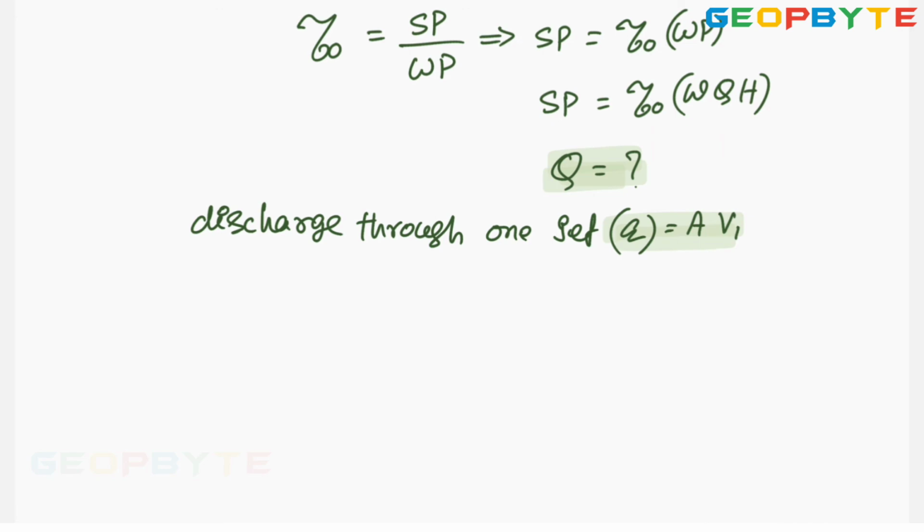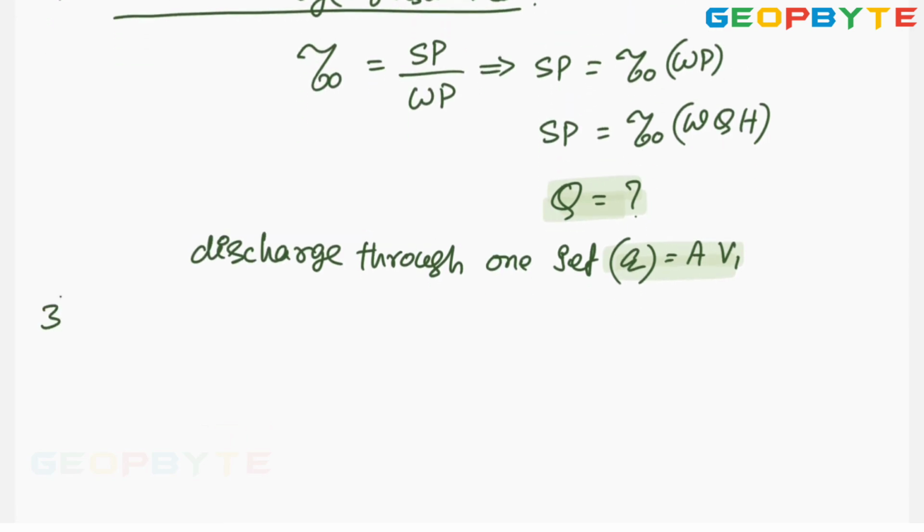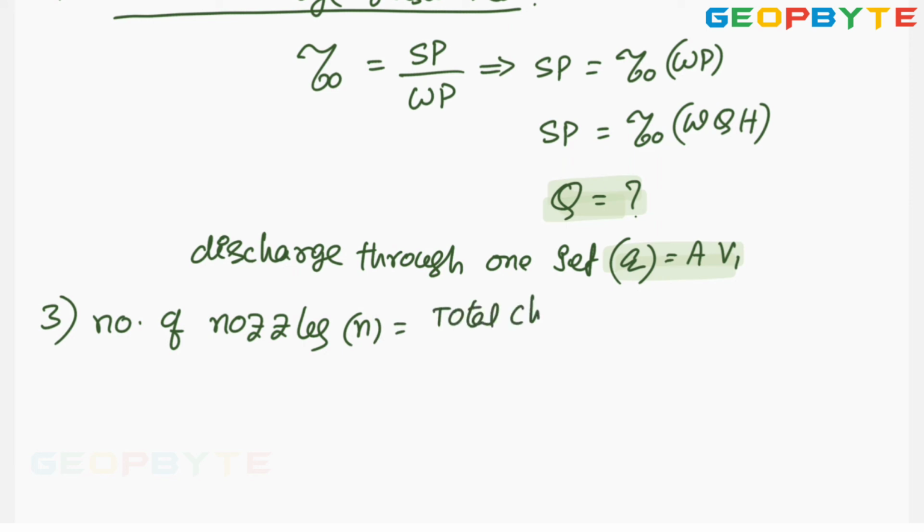Then number of nozzles, the third important point. Number of jets required or number of nozzles required. Through one nozzle, the discharge available is area of the flow multiplied by jet velocity. Number of nozzles n equal to total discharge divided by discharge through one jet.